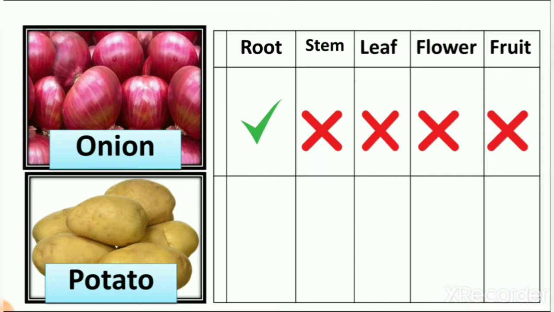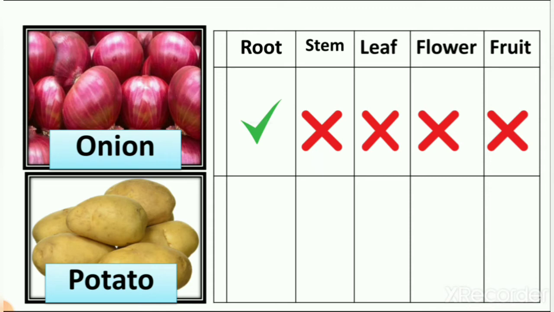Now second is potato. We make many things from potato, like potato chips and potato fries. We make different types of balls from potato. We use it as a proper meal also. So here is a potato. Is potato the root of the plant, stem of the plant, leaf of the plant, flower of the plant or fruit of the plant?